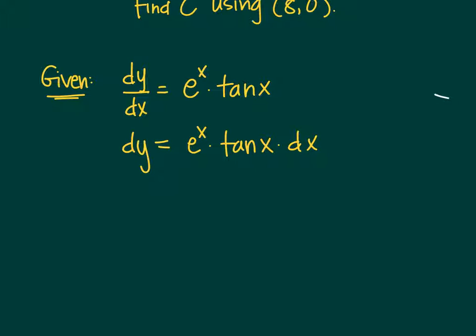Okay, what's the only thing standing between me and having y be by itself? Okay, the d. d is called a differential. What's the only way to get d alone? Okay, so to get d alone, you throw an integral in front of it. But if you do it to one side, you have to do it to the other.